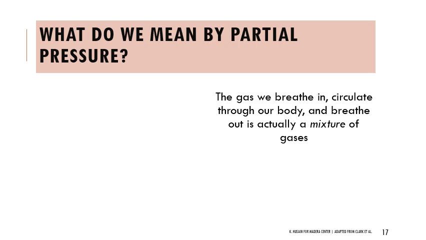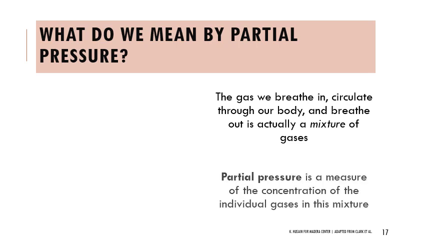We're not breathing out pure carbon dioxide. And each of those gases is moving along its own concentration gradient. So we have to start thinking about each of those gases in turn. Partial pressure is a measure of the concentration of each individual gas. So the partial pressure of oxygen, the partial pressure of carbon dioxide within that mixture of gases.